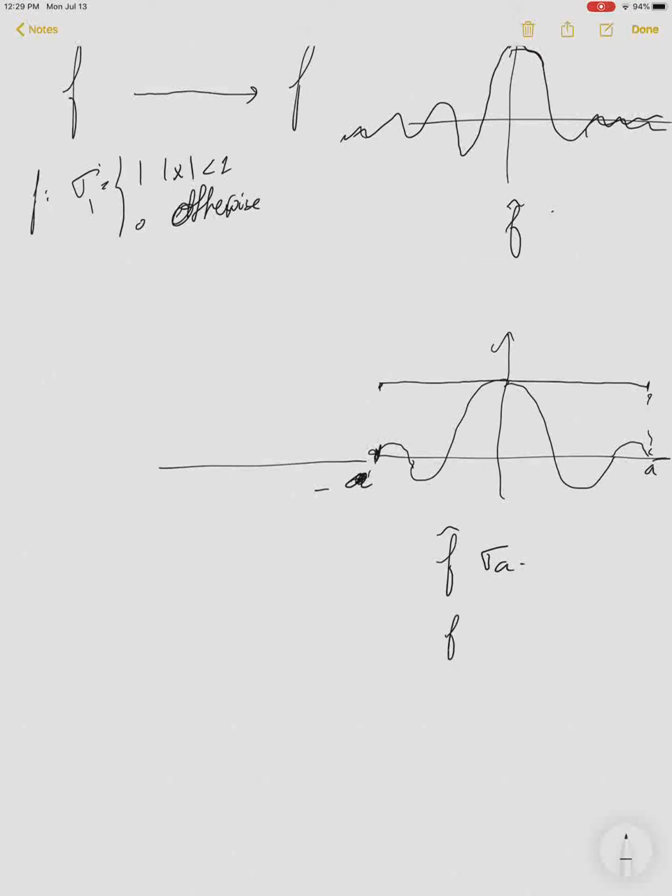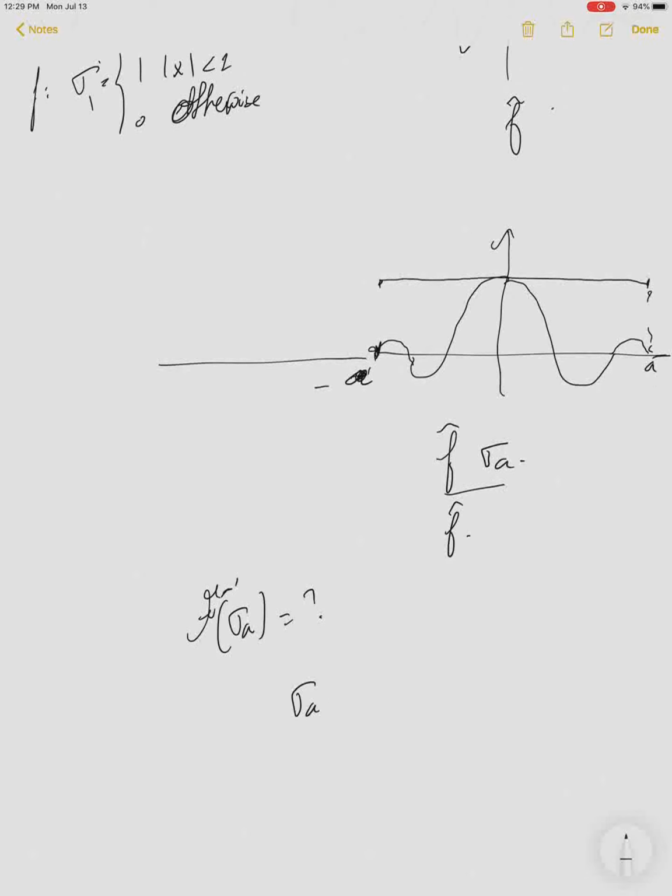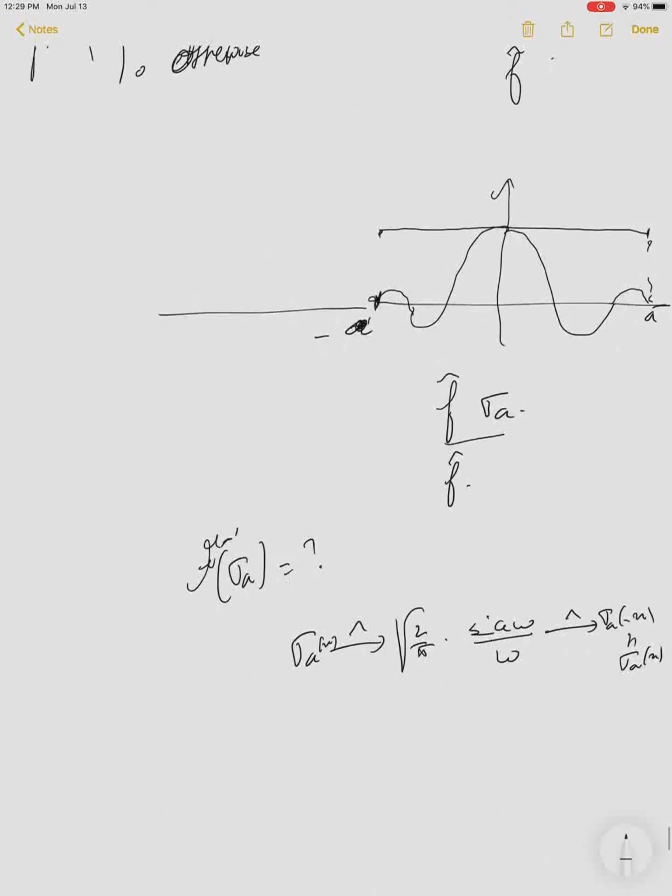Then this is like f hat times a function which is sigma a. But remember, what is the Fourier inverse of sigma a? I know that if you apply hat to sigma a, you get square root of 2 over pi times sine a omega over omega. But now apply Fourier again, you get sigma a at minus x, which is the same as sigma a at x.